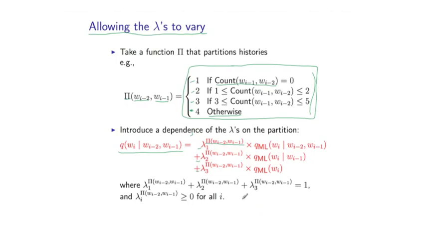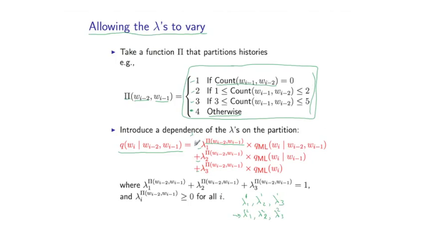So I now have parameters lambda 1,1, lambda 1,2, lambda 1,3. And these three parameters are used if the count of the bigram is equal to 0, whereas I have parameters lambda 2,1, lambda 2,2, lambda 2,3. I use these three parameters if the count is between 1 and 2, and so on and so on.